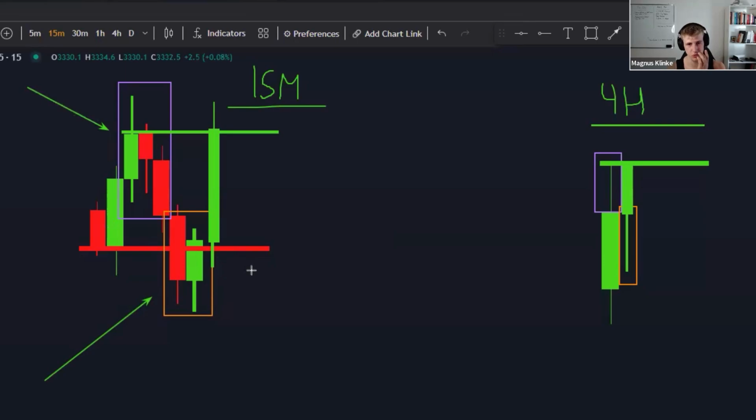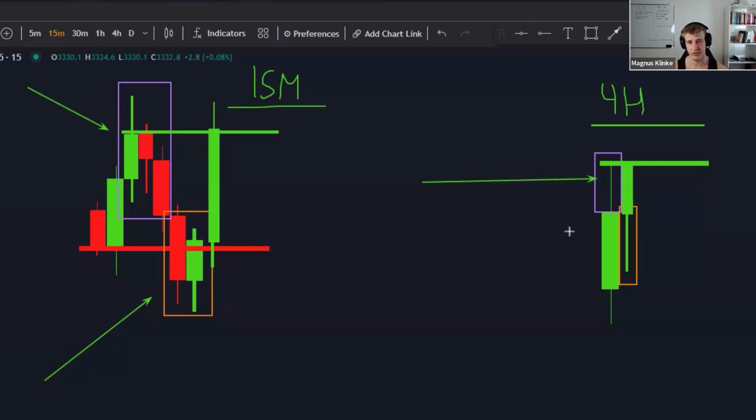But it's very important to understand ranges, understand where we are on the chart, and understand how the time frames move, like how the 4-hour moves in correlation to the 15 or the 30. That's how we can take advantage of the move. That's how we can take advantage of the wick fills here.